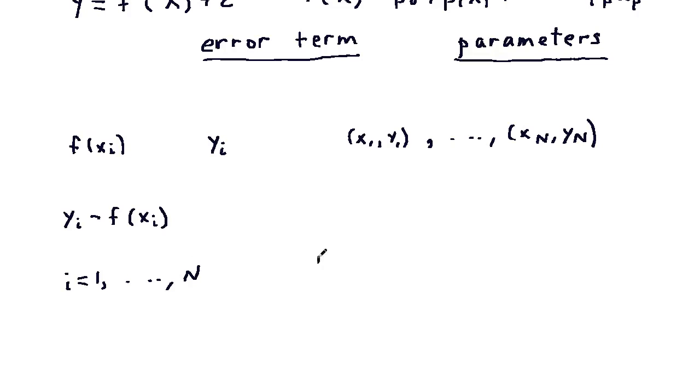Okay, so we get the sum from i equals 1 to n of yi minus f of xi, squared. Okay, so we have a sum of squares. This is called the residual sum of squares.